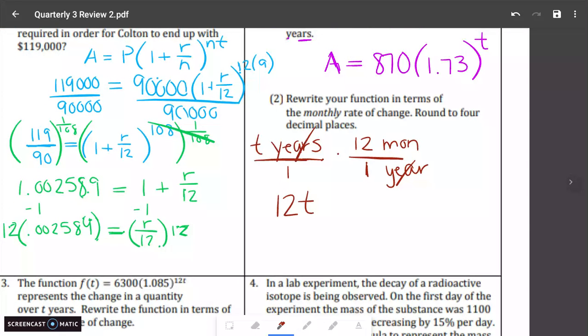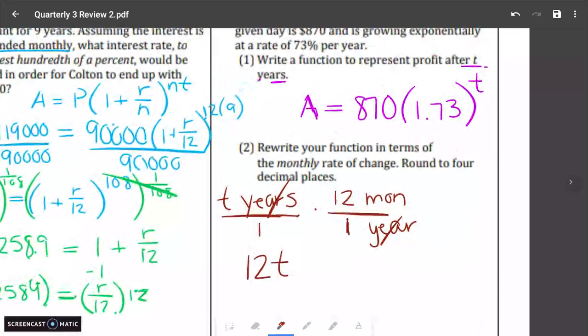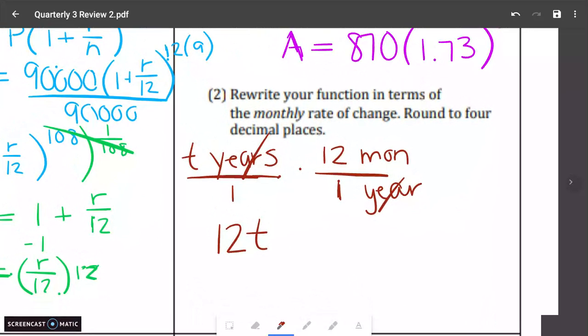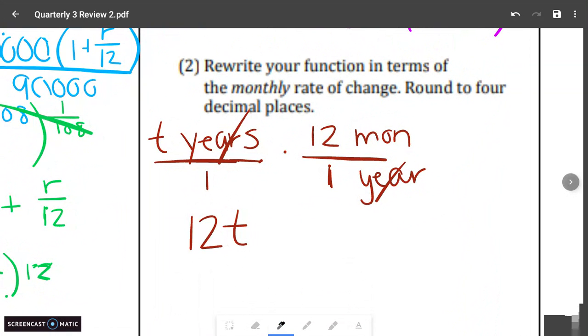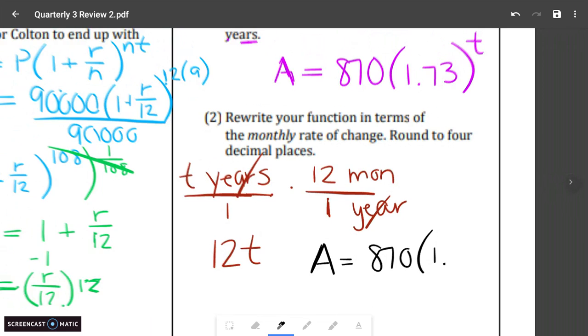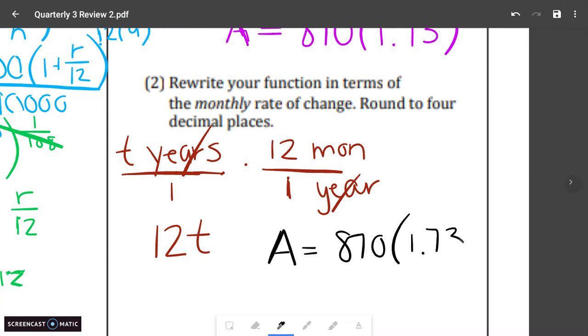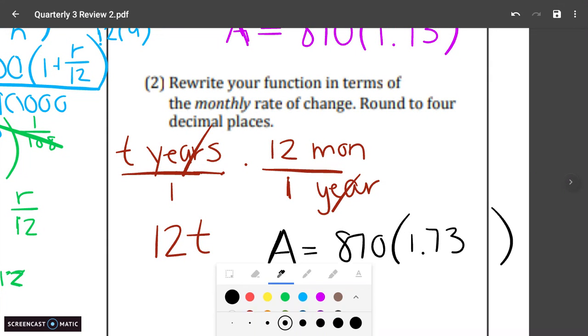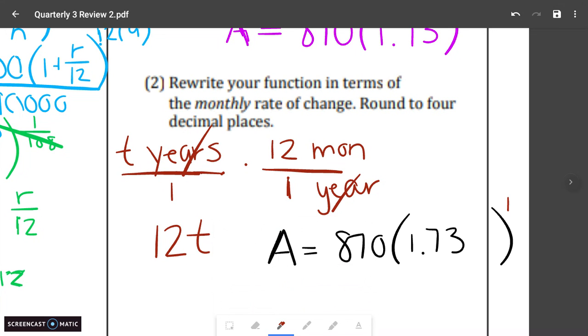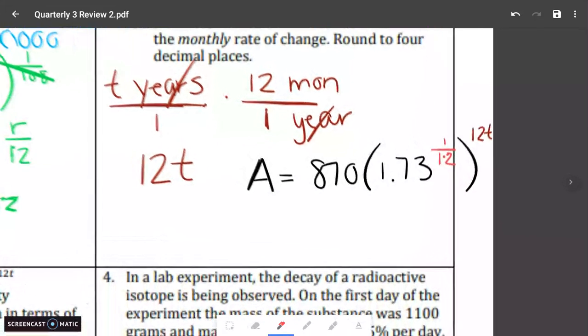Now, if that's my new exponent, remember, you have to do the opposite to the rate because you want them to balance each other out. So what I'm talking about is what we had in the beginning here. We had A equals 870 times 1.73. Now I just told you that 12t is going on the outside here. On the inside, we're raising it to 1 over 12. And we're going to round to the nearest 4 decimal places.